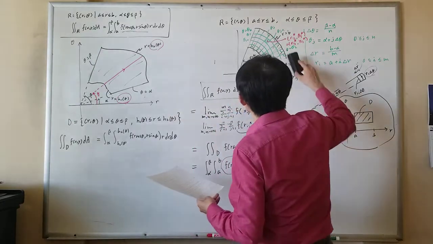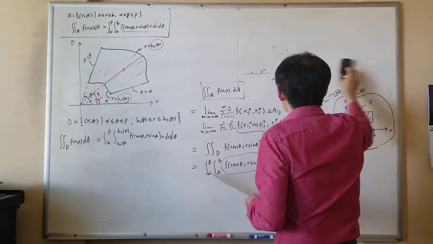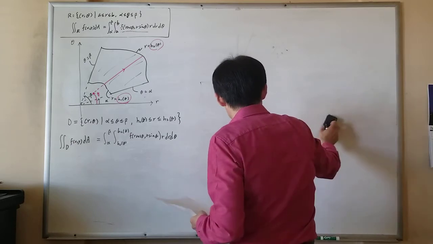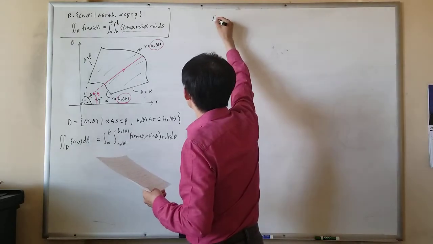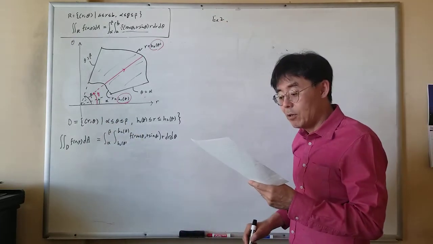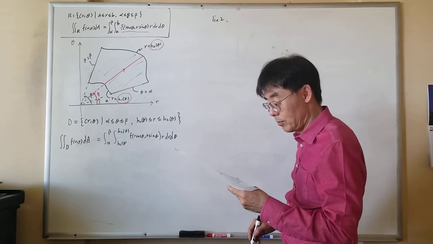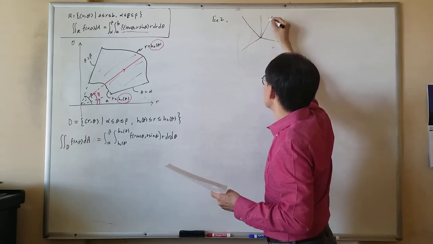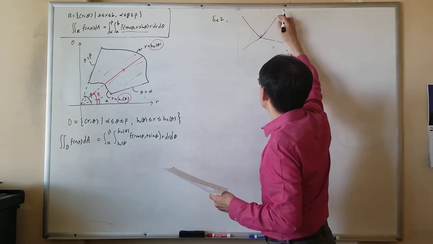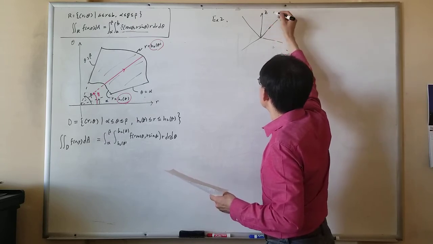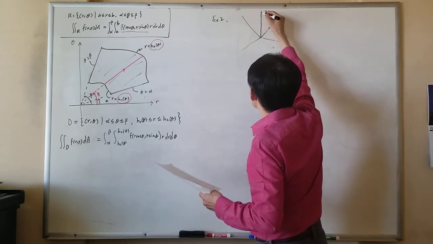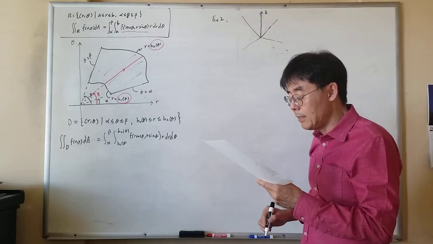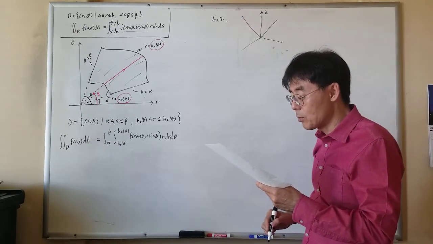So, example 2. Find the volume of the solid that lies under the cone, above the xy plane, and inside the cylinder x squared plus y squared equals 2x.